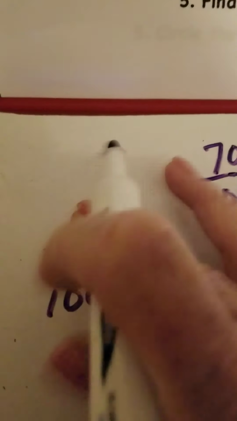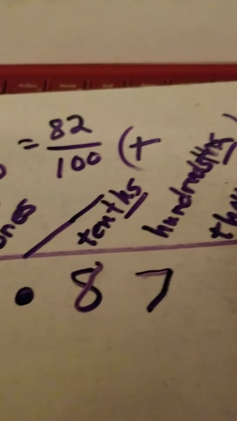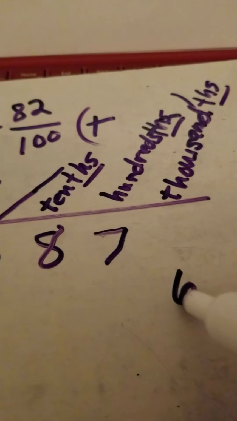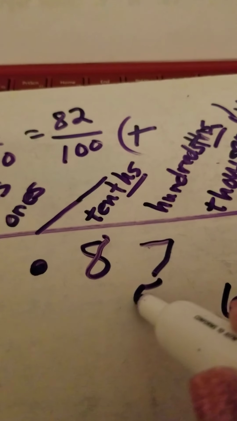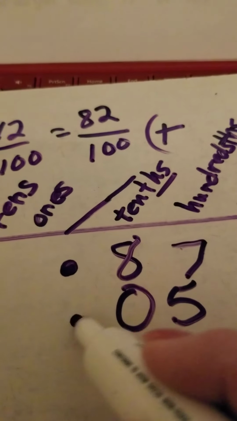Let's try a couple more that aren't actual problems for you. Let's do 56 thousandths. We're going to put 6 from the numerator in this place value. If you look over here, where is the thousandths place value? It's right here. So you're going to put your 6 here, your 5 here, and then a 0 here, and here's your decimal.